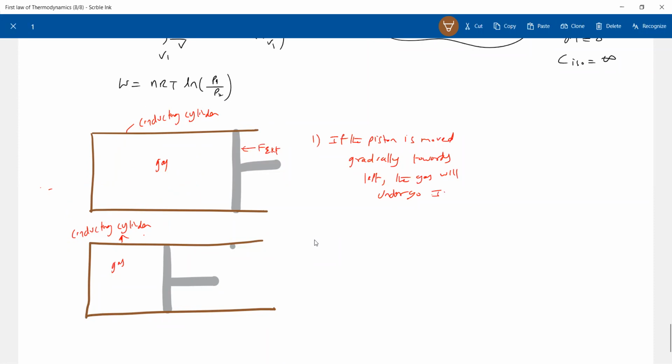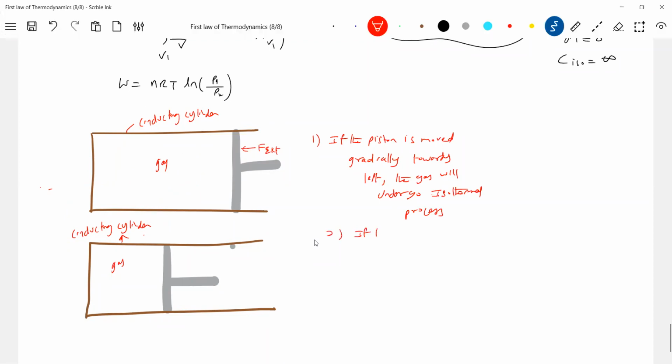The gas will undergo isothermal process. If the piston is moved rapidly towards left, the gas will not undergo isothermal process.